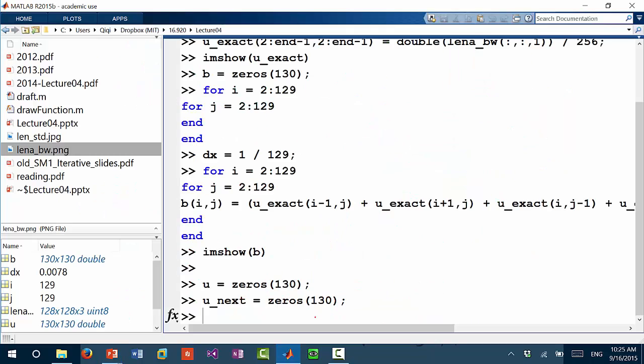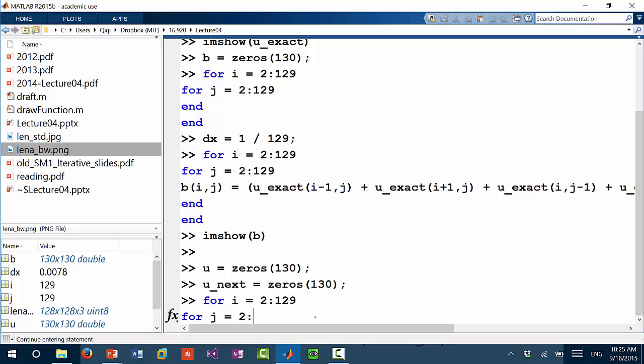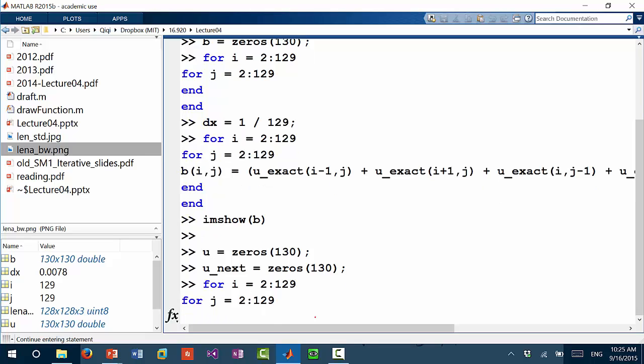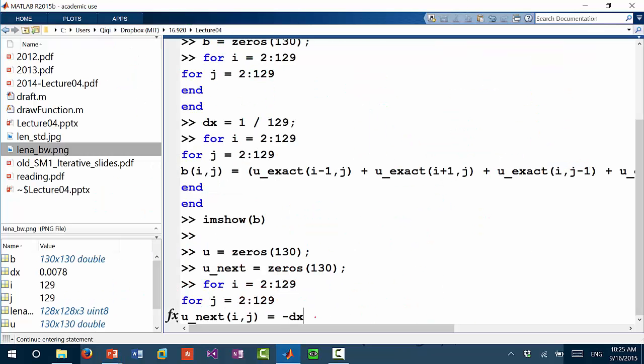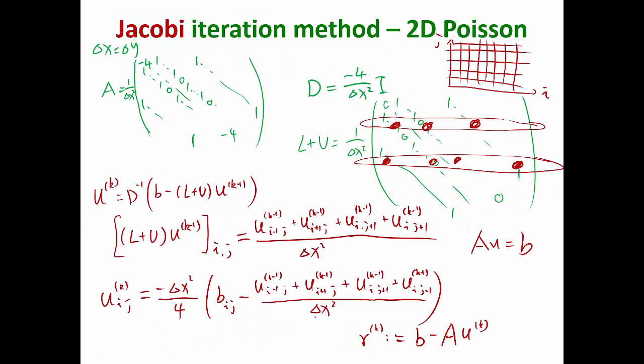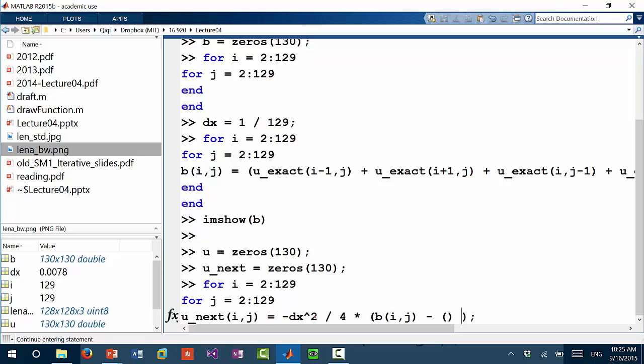I'm going to do for i goes from 1 to 129, for j goes from 2 to 129, U next ij is equal to minus delta x squared divided by 4 times the parentheses, which is bij minus the average, I mean the summation of all the neighbors divided by delta x square.